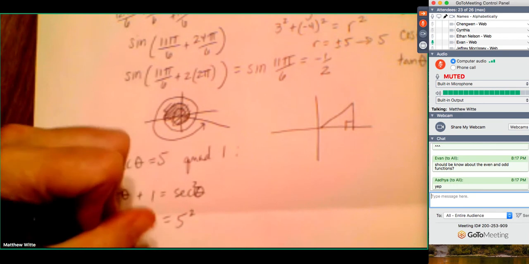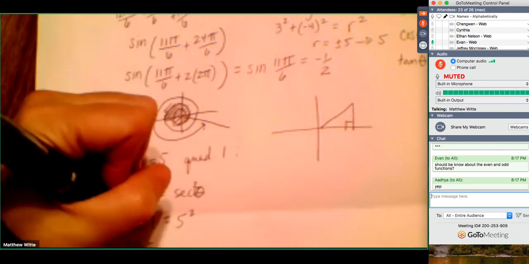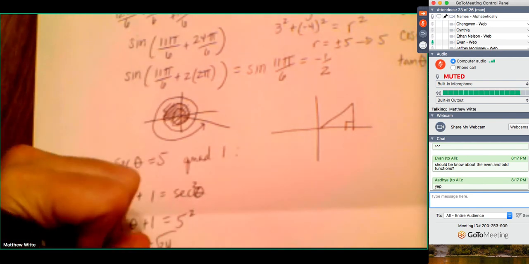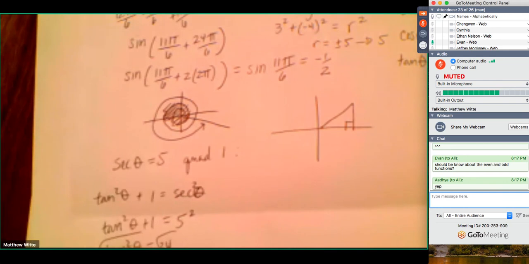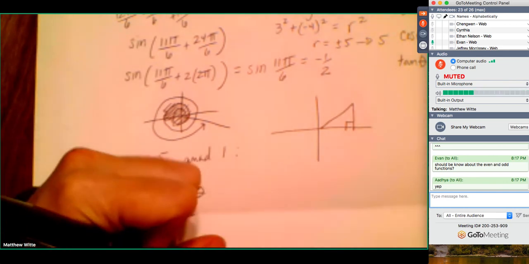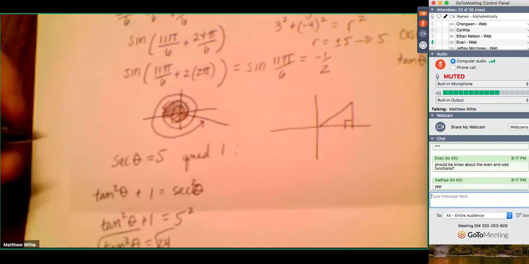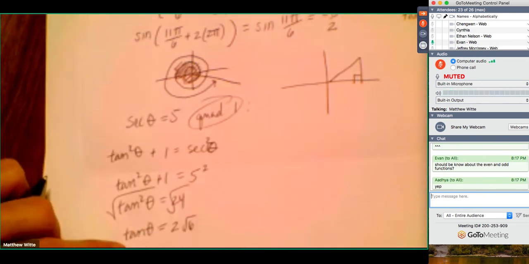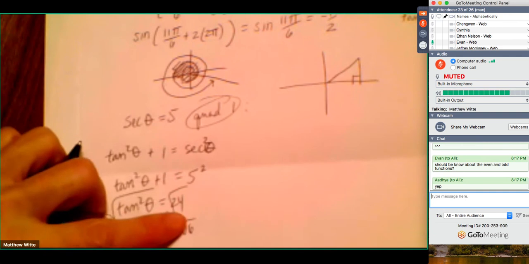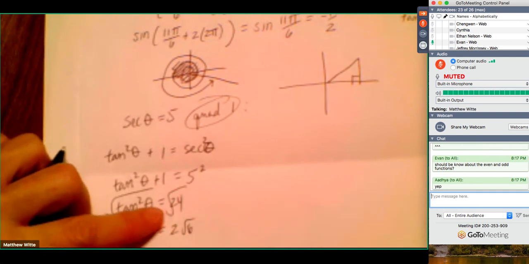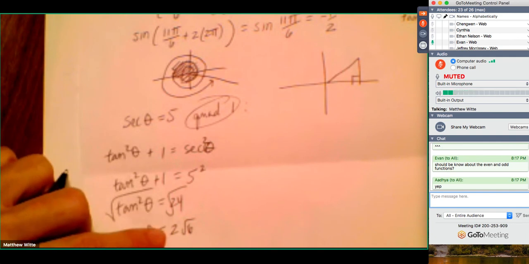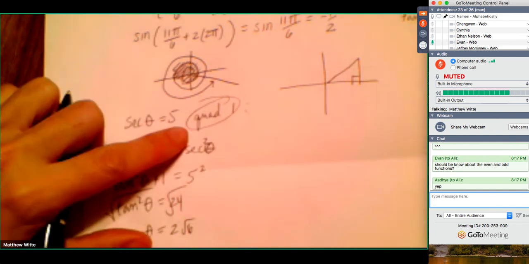So tan squared is equal to 25 minus 1, 24, square root both sides. You're going to get tan theta is equal to the square root of 24, which is 2 root 6, I think. And it's a plus or minus, but I told you you were in quadrant 1, so it's definitely a plus. Remember that anytime you're square rooting and you have a variable involved, you've got to say that it's a positive or a negative. In this case, it's positive because I told you it was quadrant 1.